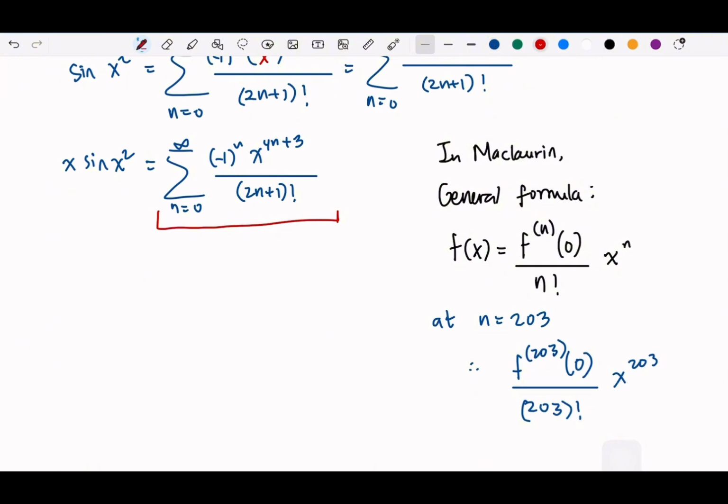And then since the exponent is 4n plus 3, we need to make it equal to 203.